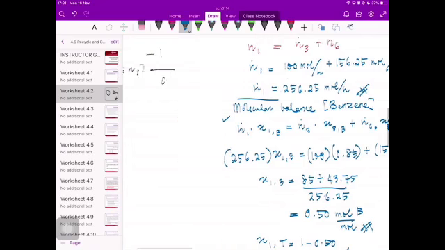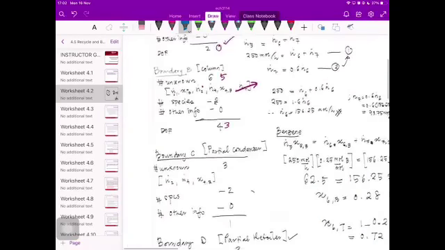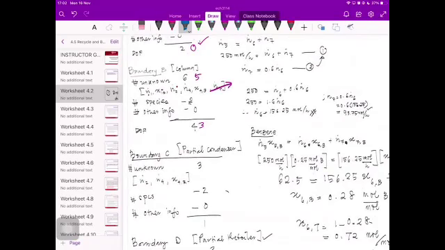Okay, let us now look back into our DOF. Any changes on the DOF that we have, going from the boundary B. Okay, boundary B, now we know this is known, this is known.